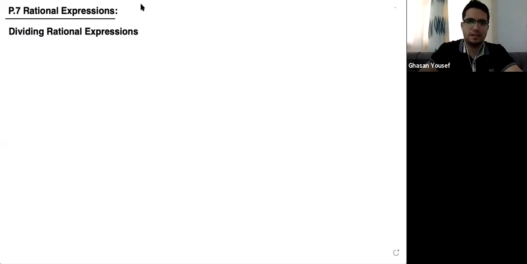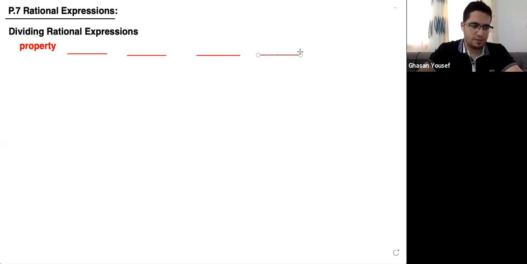The property says if I have two fractions, a over b divided by c over d, this is equal to a over b multiplying by c over d, and that is the final answer.